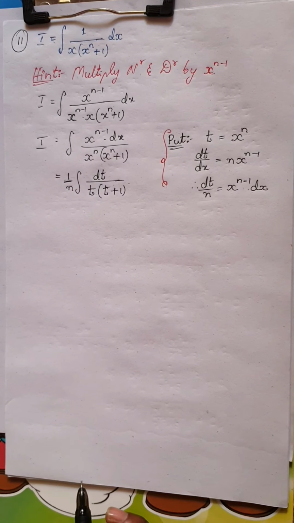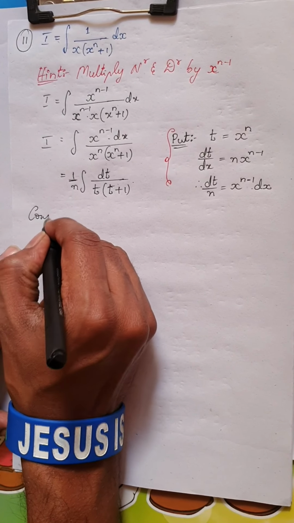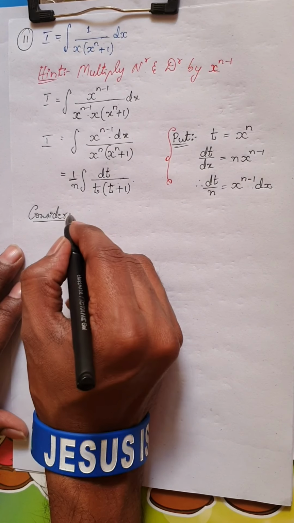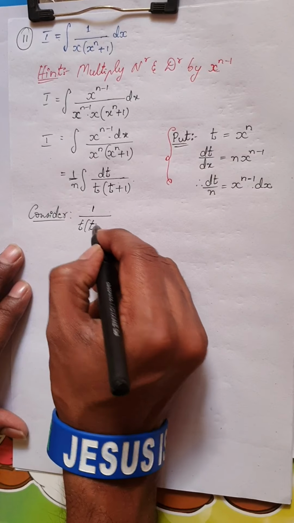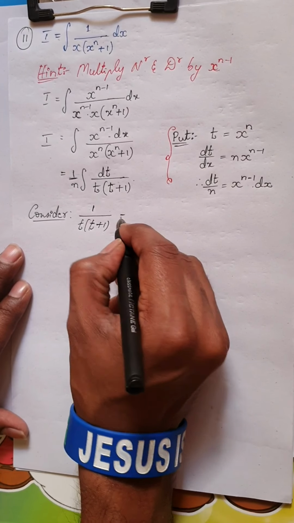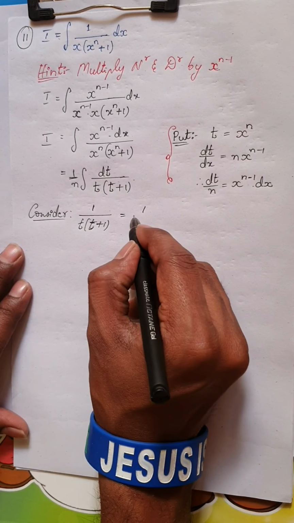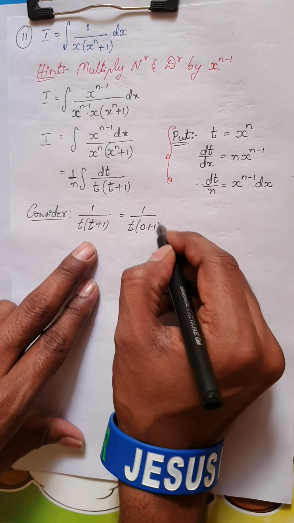Now I'm going to use the process of partial fractions. Let me consider 1 divided by t into (t plus 1). For the first factor, directly put t as 0, so it is 1 divided by t into (0 plus 1).